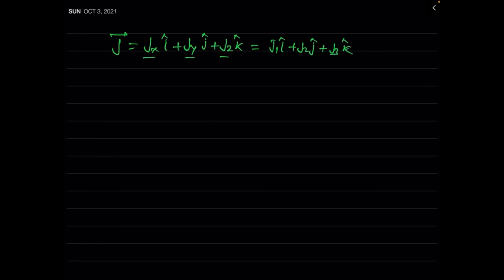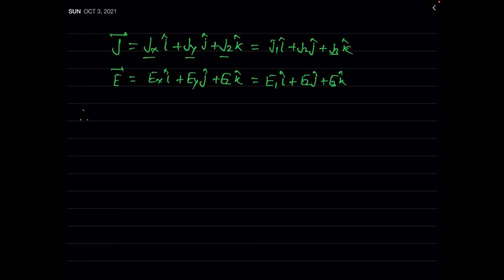In fact, instead of the subscript x, y, z, here I have used the subscript 1, 2 and 3 for convenience. And again you can see the electric field vector can be written as Ex i plus Ey j plus Ez k. And similarly, instead of x, y, z, for convenience, we write it as E1 i plus E2 j plus E3 k.